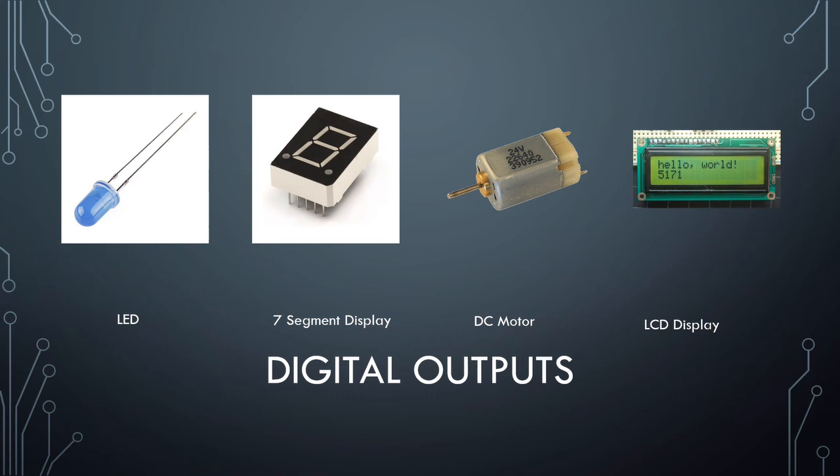A DC motor is a digital output. We can turn the motor on and off using our microcontroller, and we can also program an LCD display using our microcontroller. So these digital outputs are all outputting information from our microcontroller.